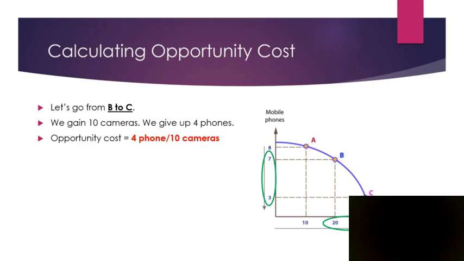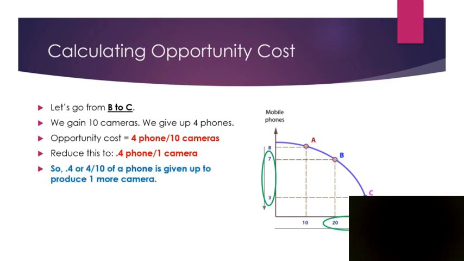Again, we've got to reduce the equation. On a test, that's not what my answers are going to look like. So if it's multiple choice, you're not going to find the right answer until you reduce the fraction. So 0.4 phones divided by 1 camera.